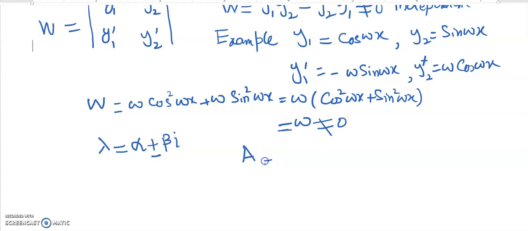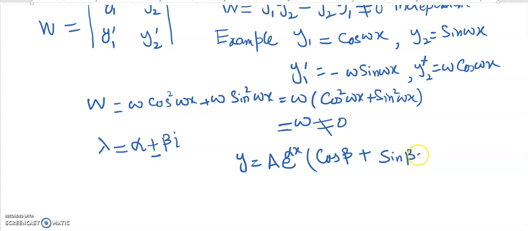y is equal to A e power alpha x, bracket, cosine beta x plus sine beta x.